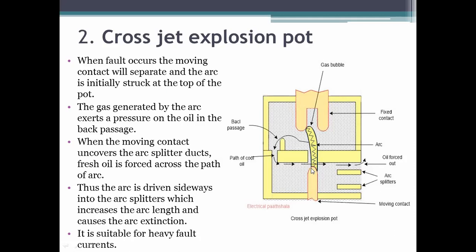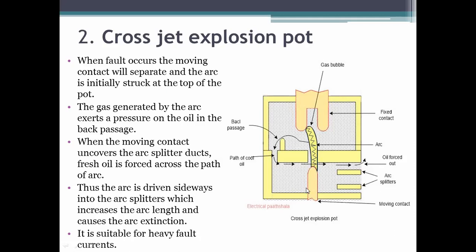When this moving contact uncovers these arc splitters, meaning when it is moved in the downward direction again, these arc splitters are uncovered, and then this fresh oil is forced across the path of the arc.